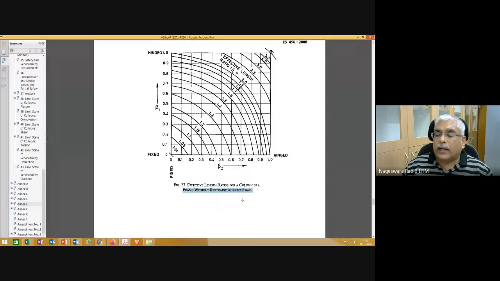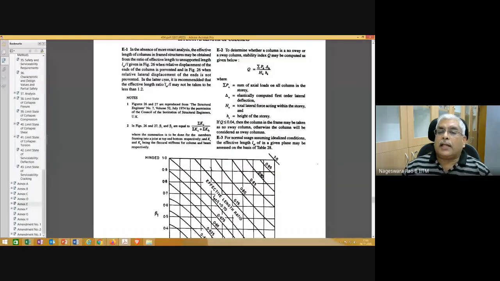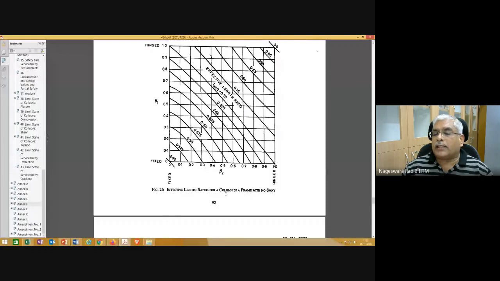The effective length ratio may not be taken less than 1.